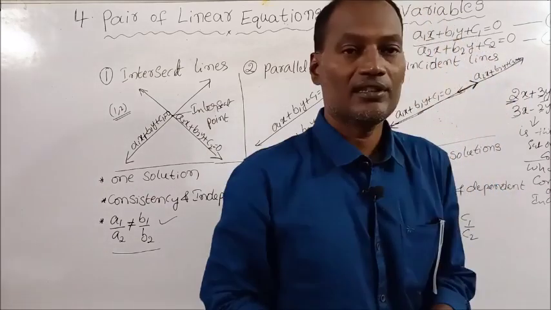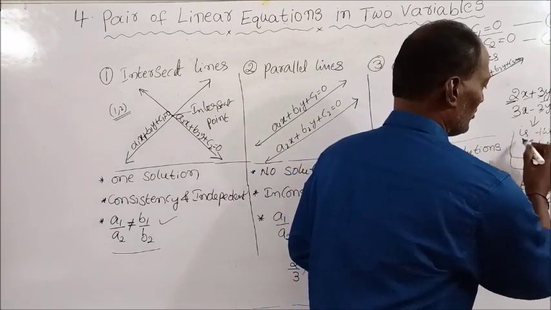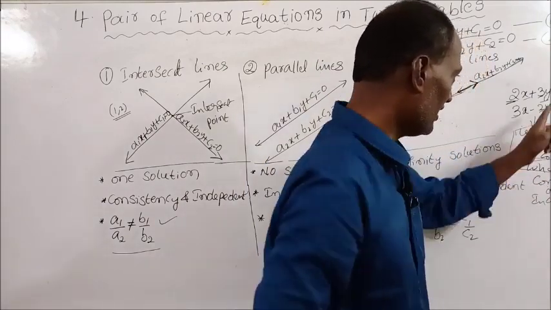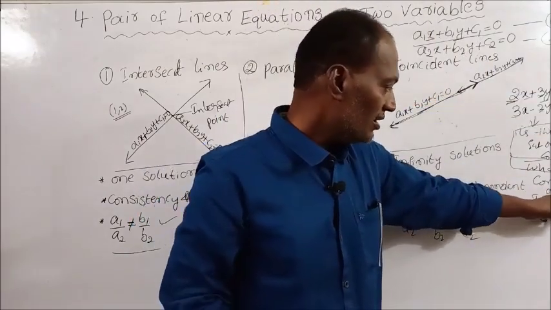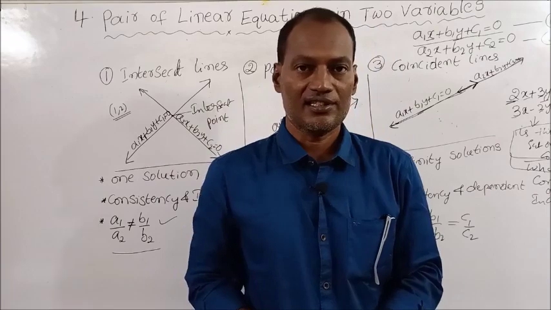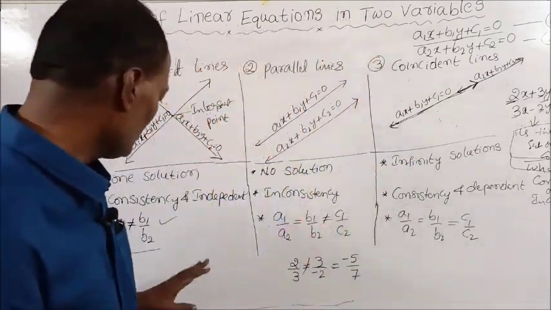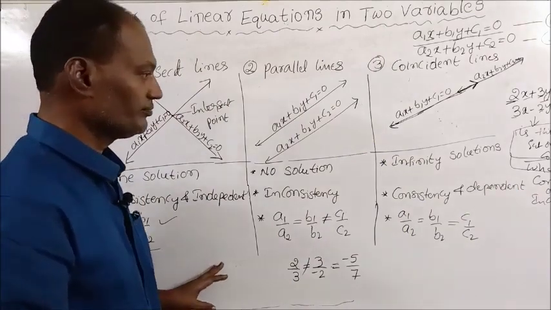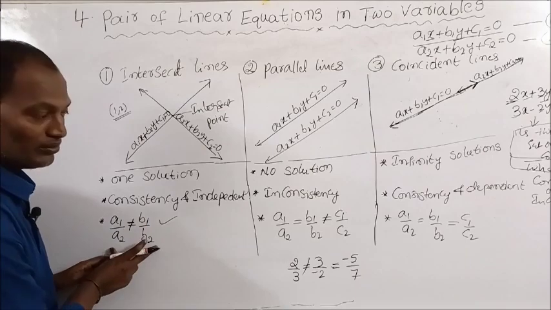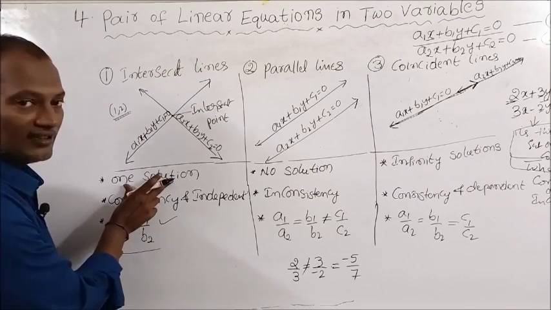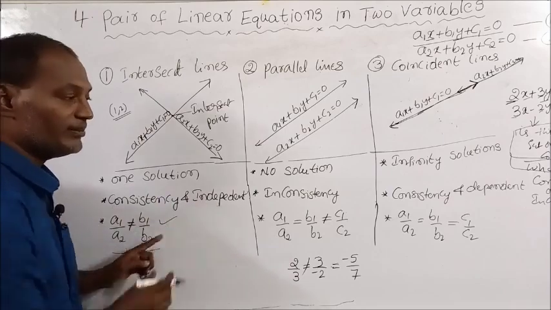If they give the same question and ask whether it is consistent or inconsistent, or dependent or independent, see here, we already know these are intersecting lines. It means it is consistent and independent.